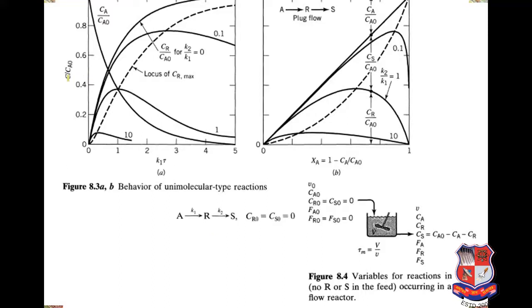So this shows me what is the concentration of, definitely meaning CA by CA0, that is with reference to the initial concentration of A, that is why the maximum value is 1.